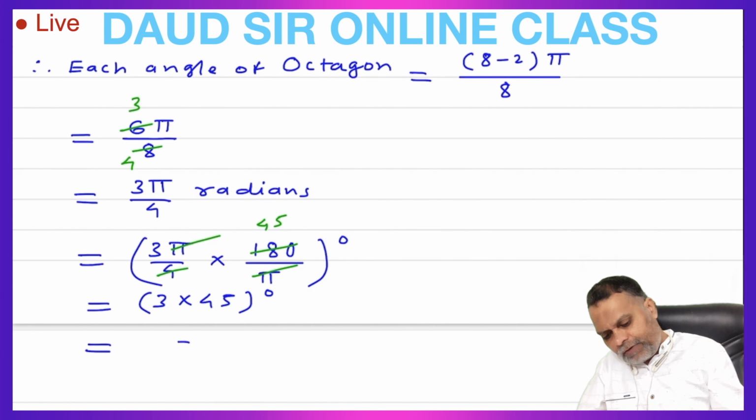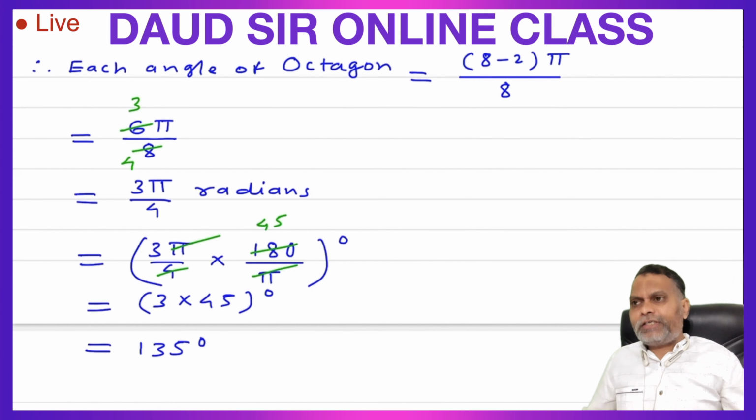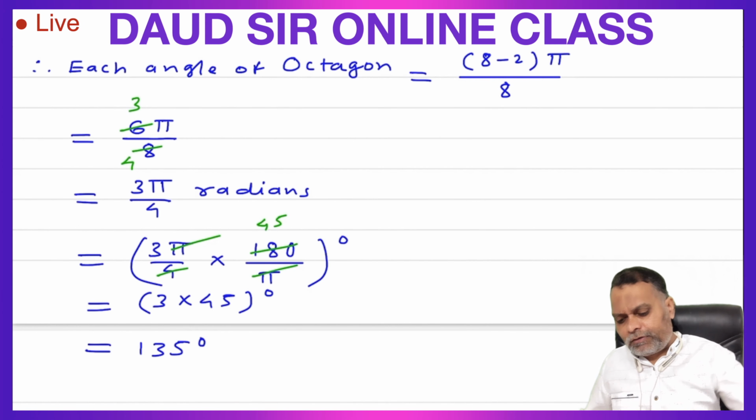Multiplying by 3, 3 5s are 15, 3 4s are 12 plus 1 is 13, 135 degrees. So each angle of an octagon is 3 pi by 4 radians or 135 degrees.